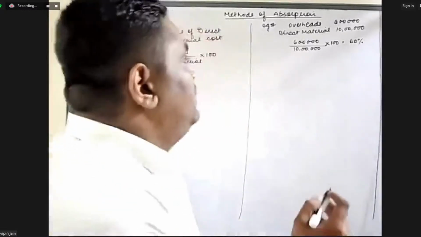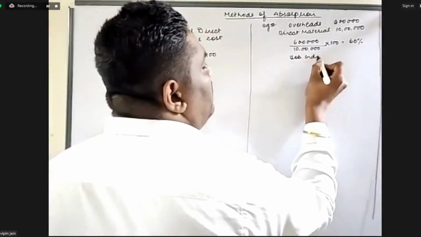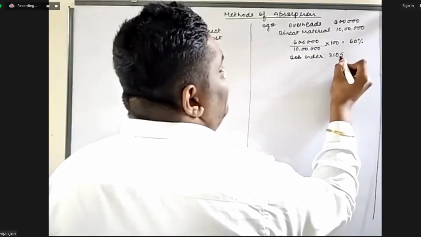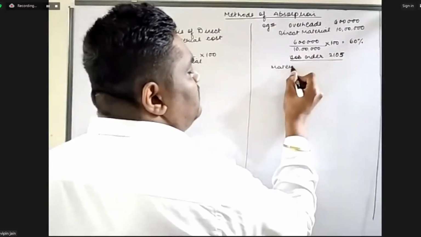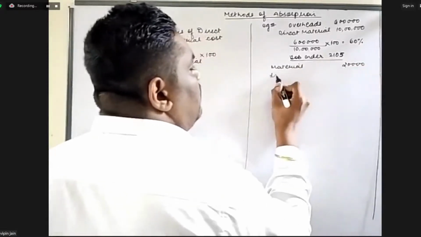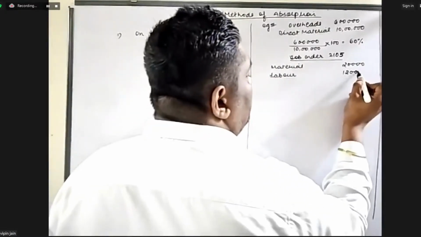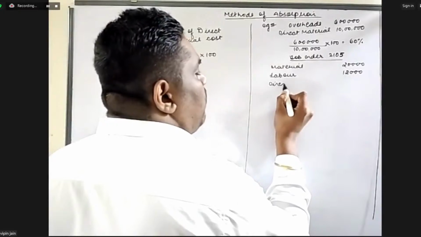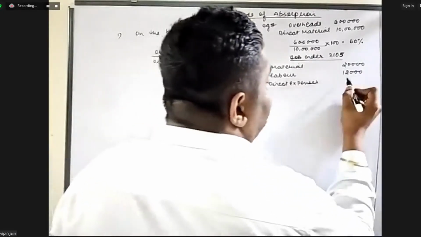Now, let's say I have received a job order, job order number 2105, wherein the direct material cost is 20,000, direct labor cost is let's say 12,000, and direct expenses are let's say 8,000.